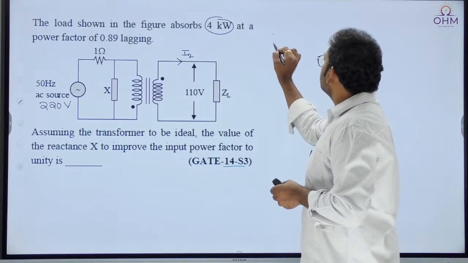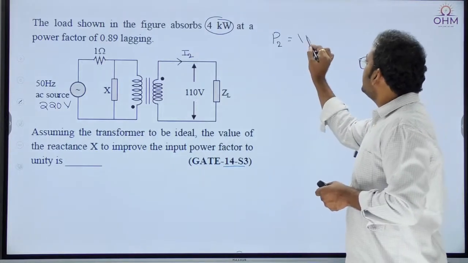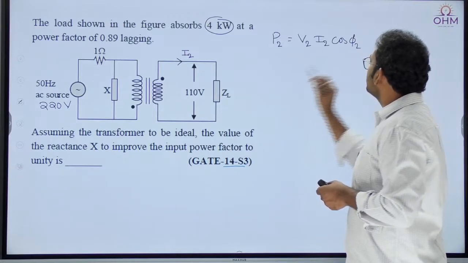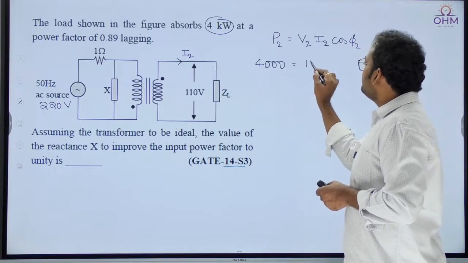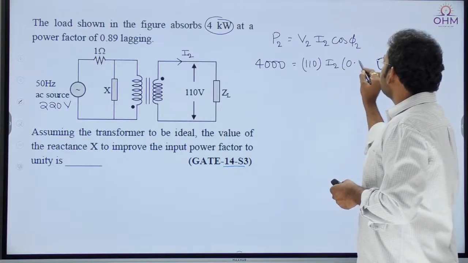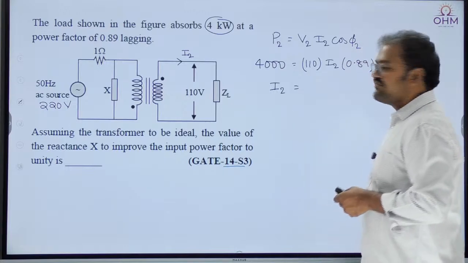So I can write 4 kilowatt means active power, P2 is equal to V2 I2 cos phi 2. Power was 4 kilowatt, that is 4000. V2 was 110. I2 we don't know, but power factor was known, 0.89. Therefore, we can find out the magnitude of current I2.